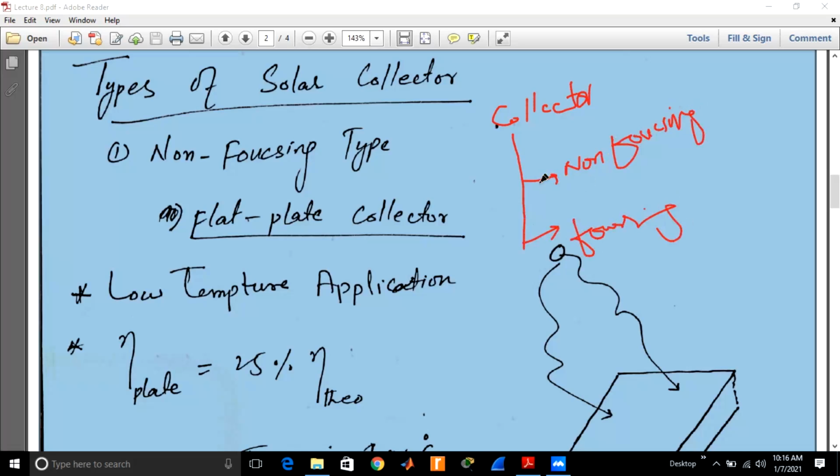The example of non-focusing is the flat plate. For focusing, there are two types: one is line focusing and the other is point focusing.